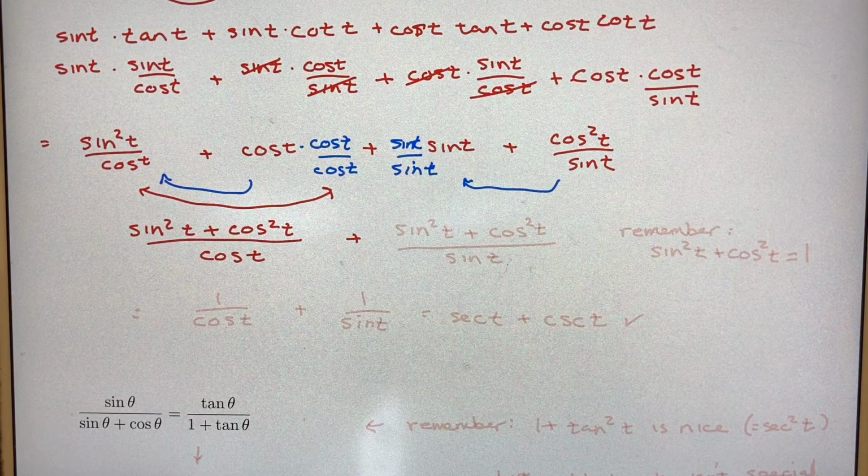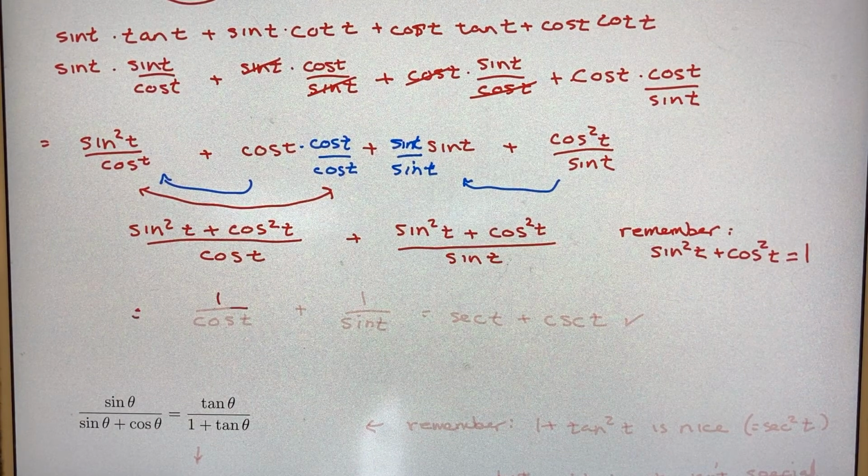And the second one has sine t as the common denominator. And since sine squared plus cosine squared is 1, we have 1 over cosine and 1 over sine.